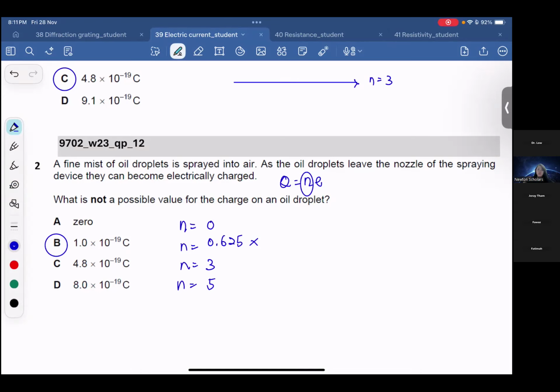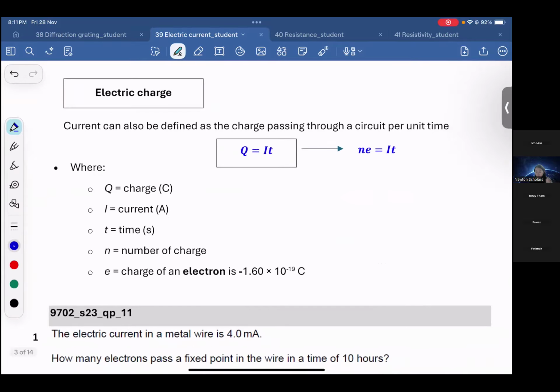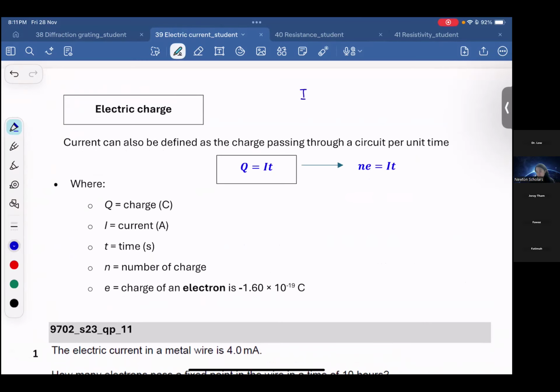Can we go to the next page, page 3? Okay, electric charge. Current can also be defined as the charge passing through a circuit per unit time. So just now we said current is the rate of change of charge.